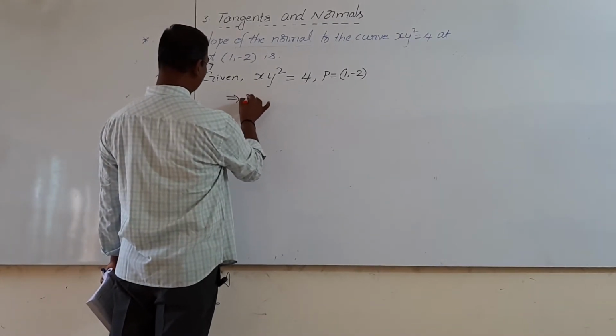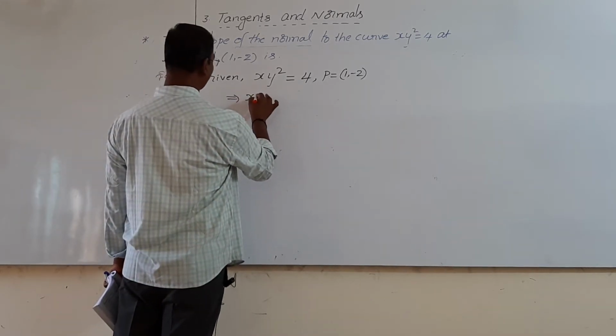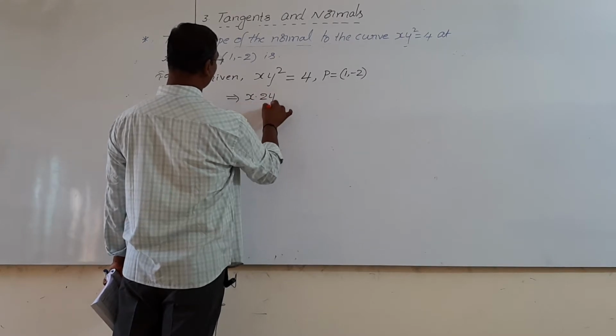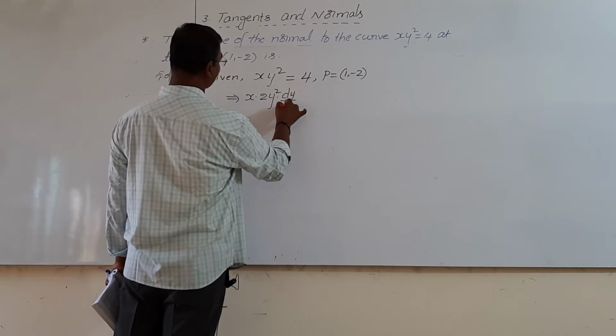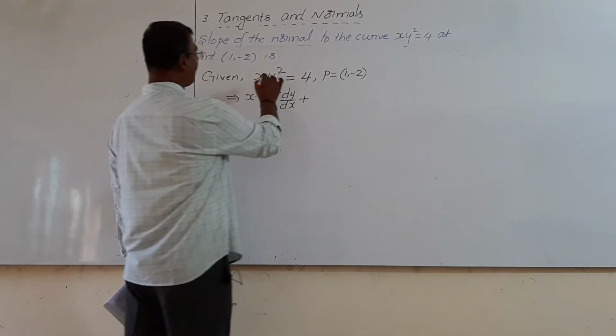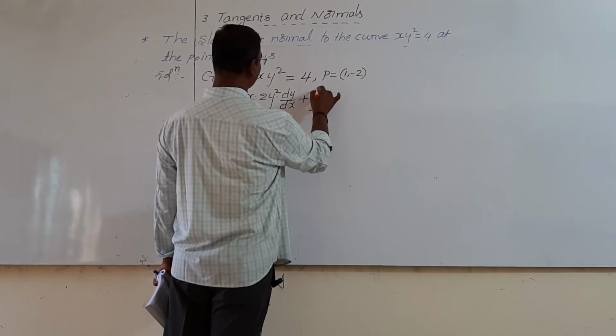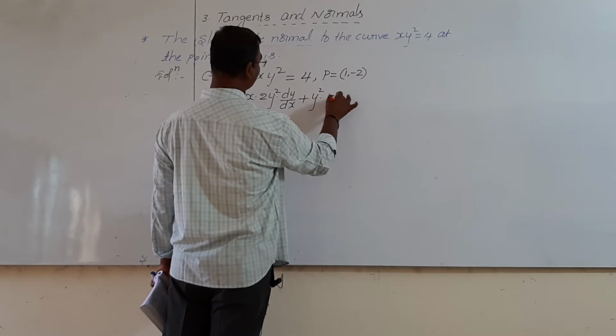First function as it is, differentiation of second function, that is 2y into dy by dx, plus second function as it is, differentiation of first function is 1.